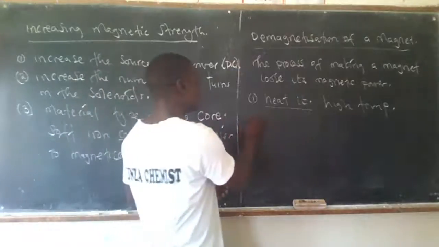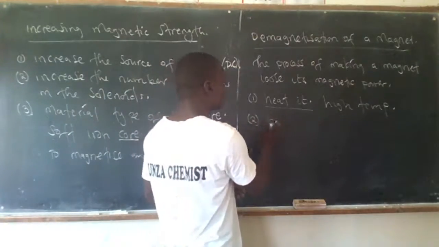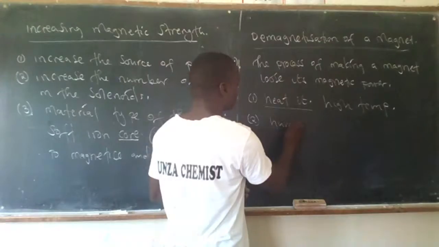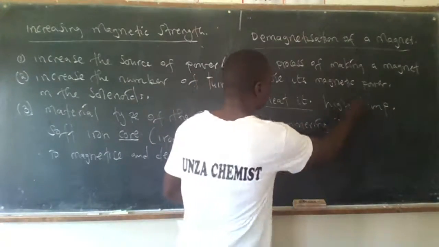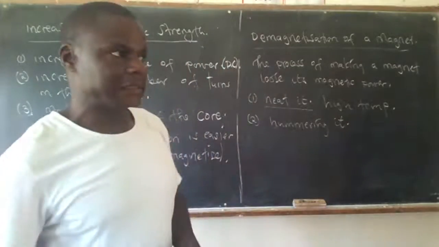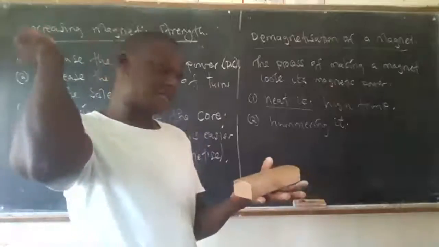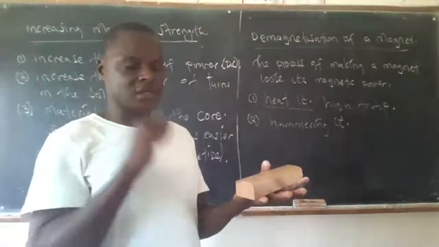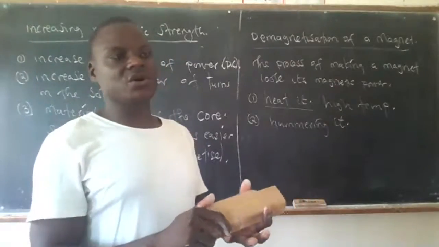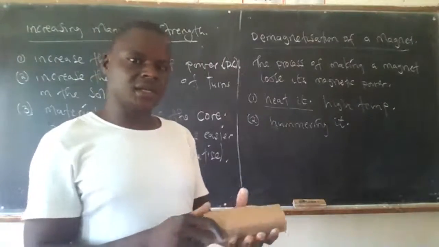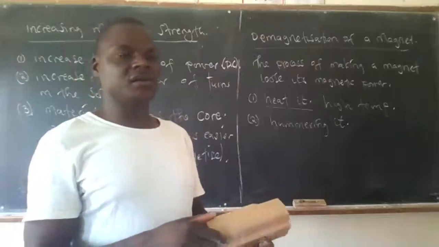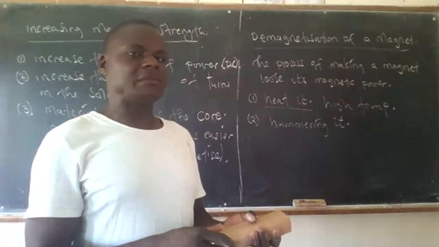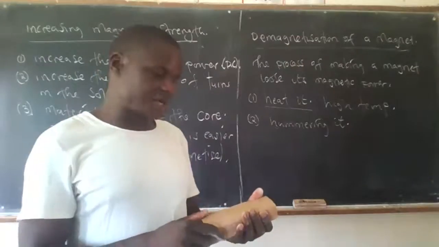What other things are you supposed to do? Besides heating, you just need to hammer it. If this is the magnet, put it on a hard thing, get a hammer, and start hammering it. Because we know from the word go that metals are sonorous, malleable, and ductile.